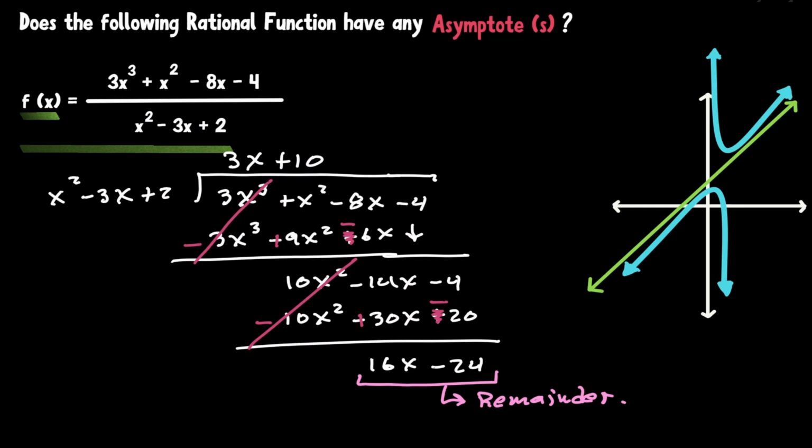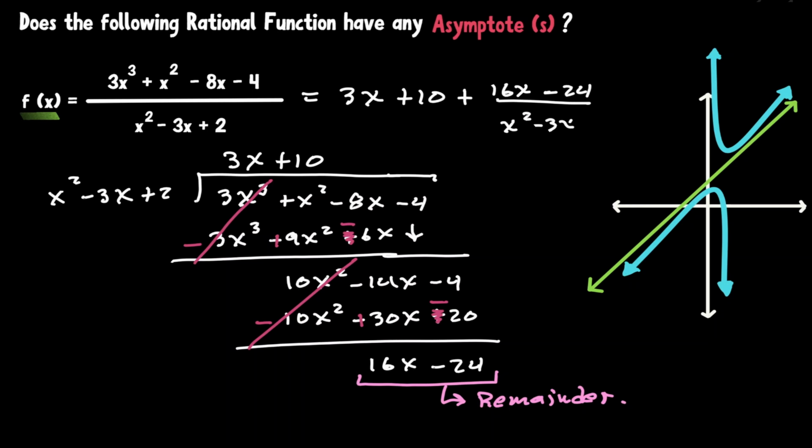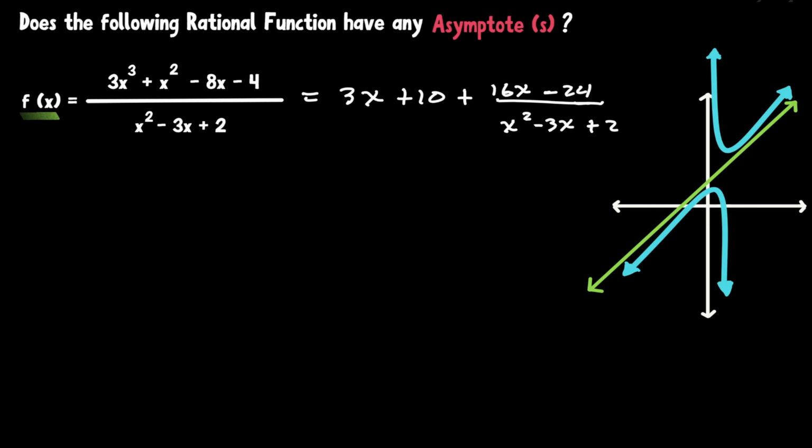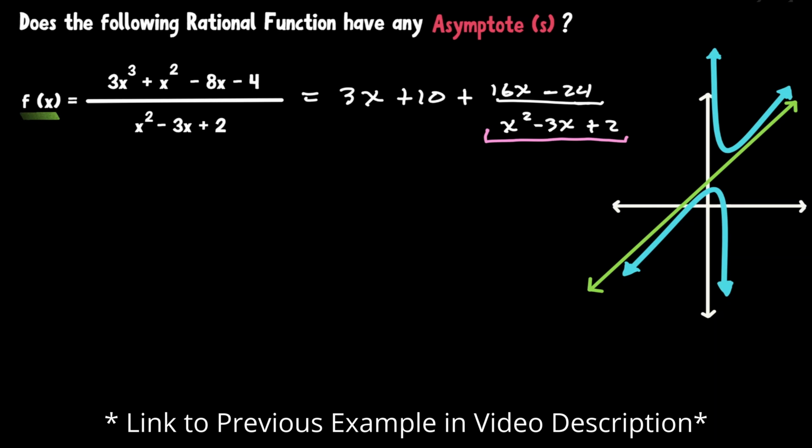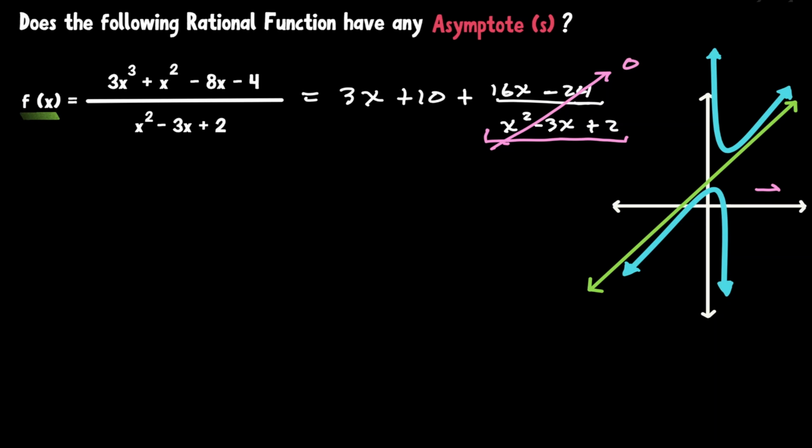So the initial rational function f of x, now we can write that down as 3x plus 10 plus the remainder, 16x minus 24, divided by x squared minus 3x plus 2. So let's erase this division to give myself some space. We have shown in the previous example that this expression goes to 0 as we consider the behavior towards positive infinity.